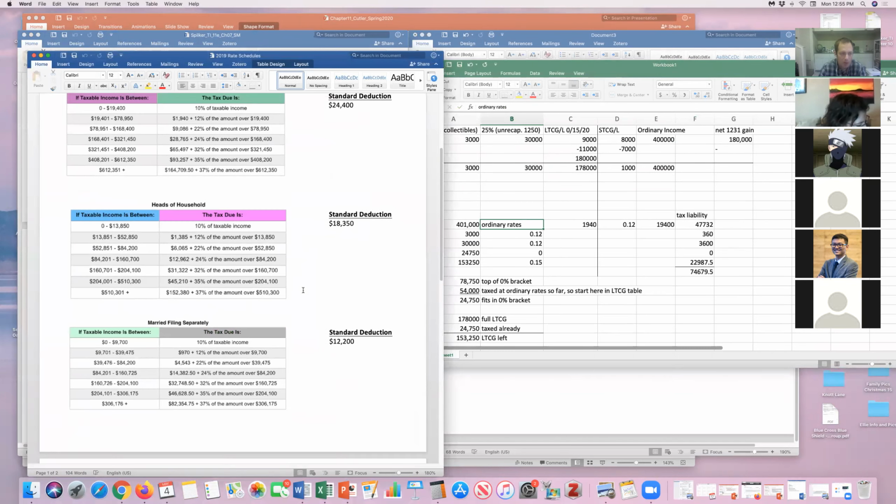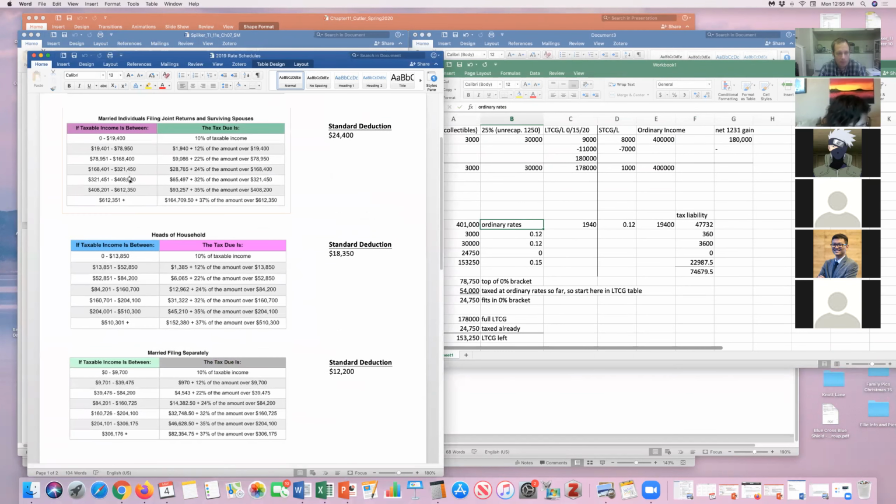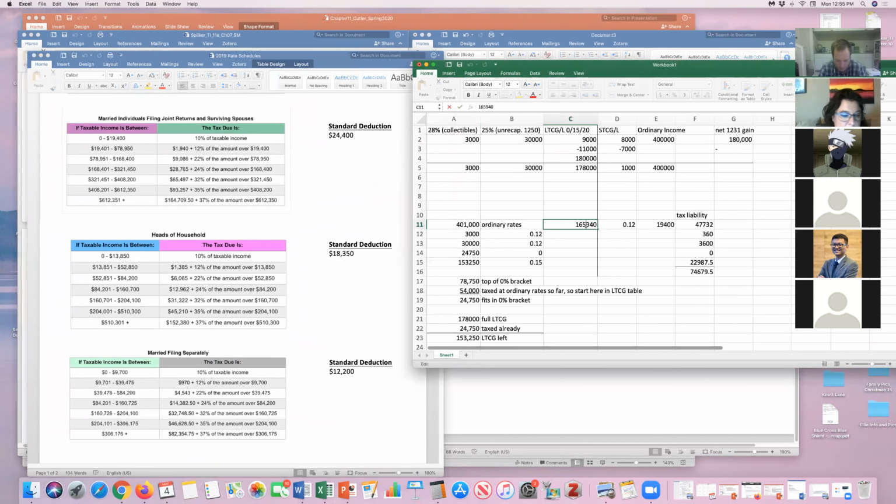So now they're up to the 32% bracket. Married, yes, they fit in this range, so they're going to be 65,497, and now it's 32%.